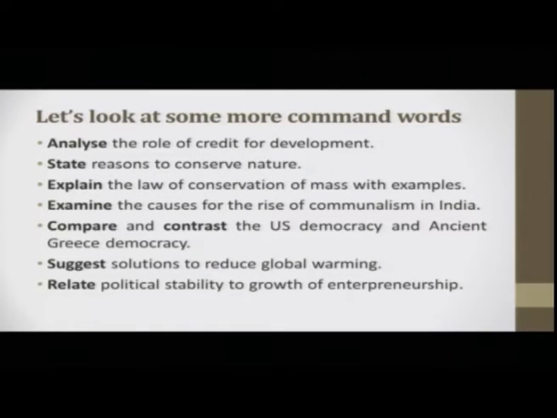Analyze the role of credit for development. State reasons to conserve nature. Explain the law of conservation of mass with examples. Examine the causes for the rise of communalism in India. Compare and contrast the US democracy and ancient Greece democracy.